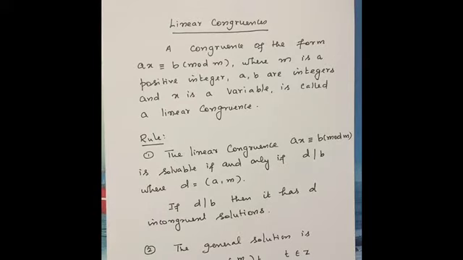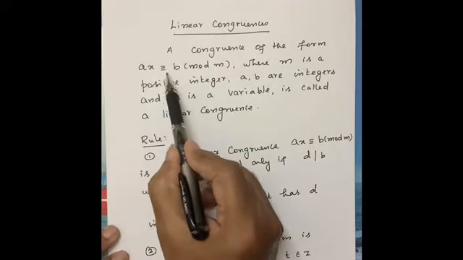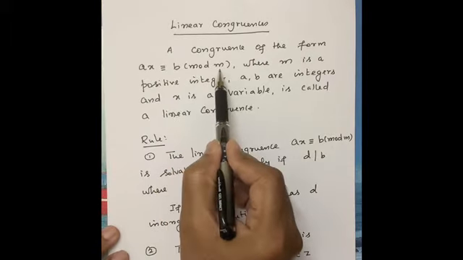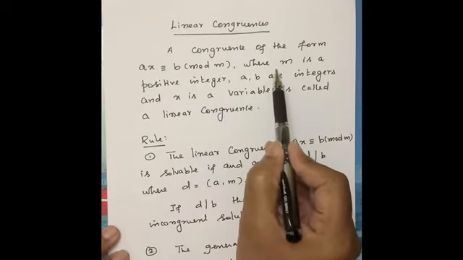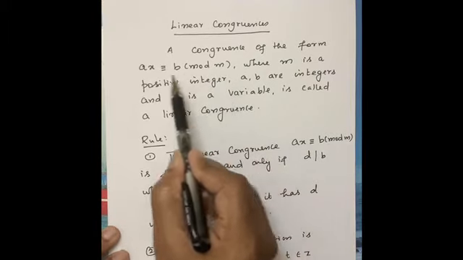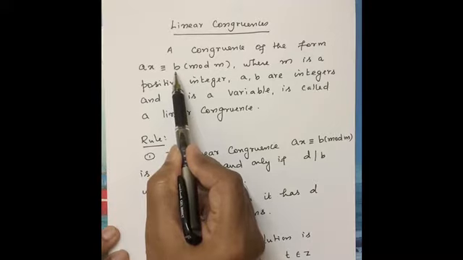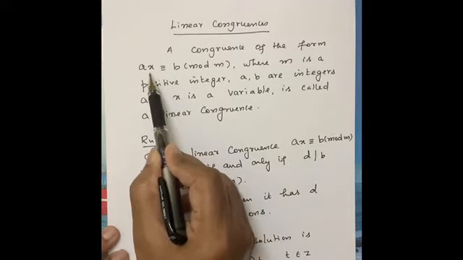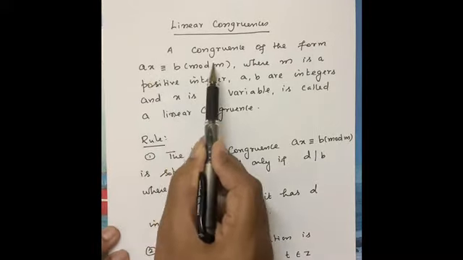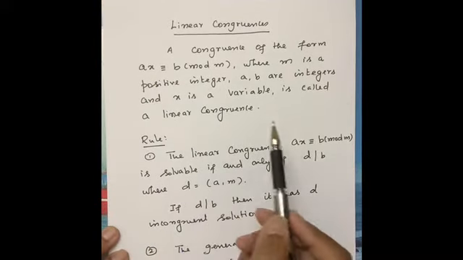In this lecture, we are studying linear congruences and how to solve them. A congruence of the form AX is congruent to B modulo M, where M is a positive integer and A and B are any integers, and X is a variable, is called a linear congruence.